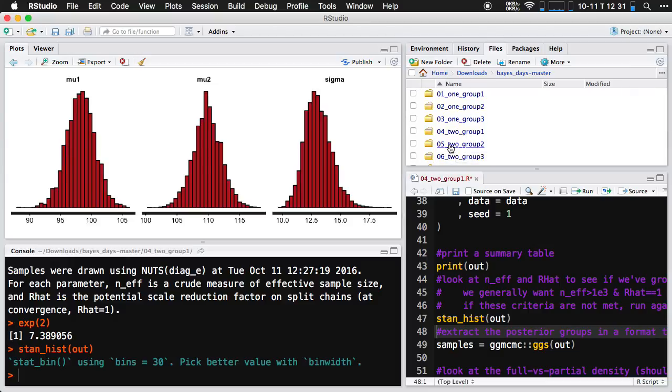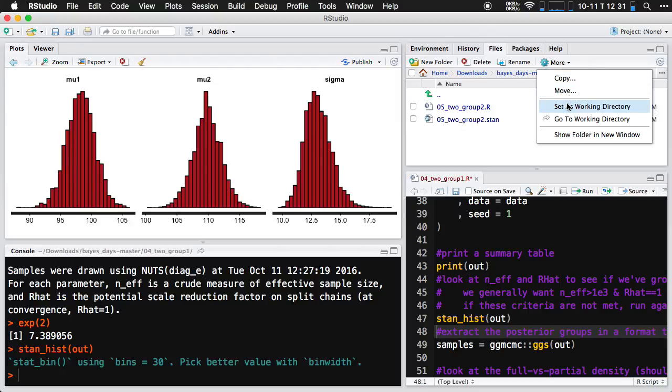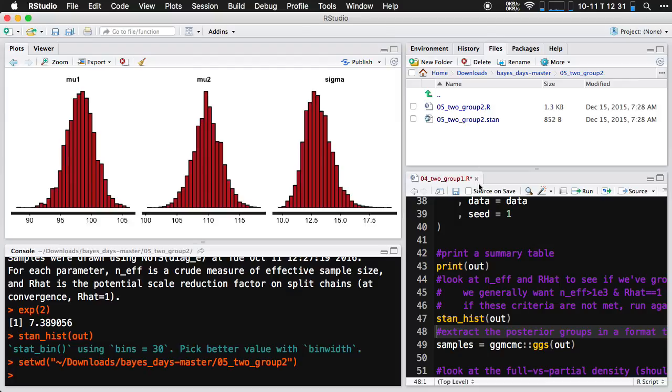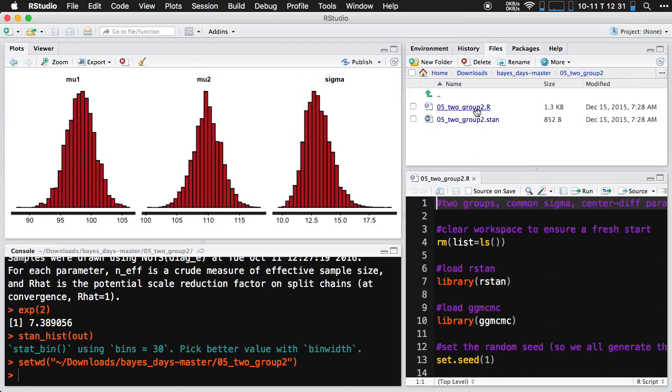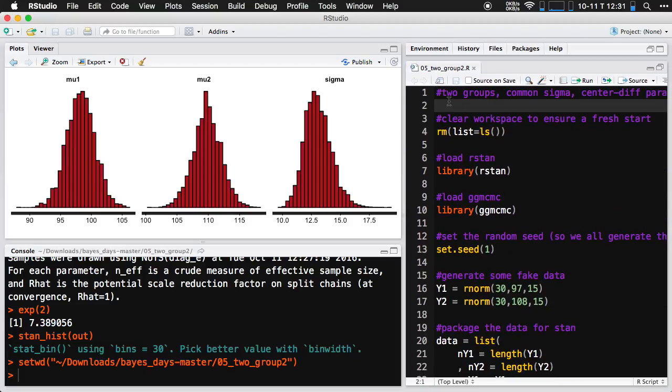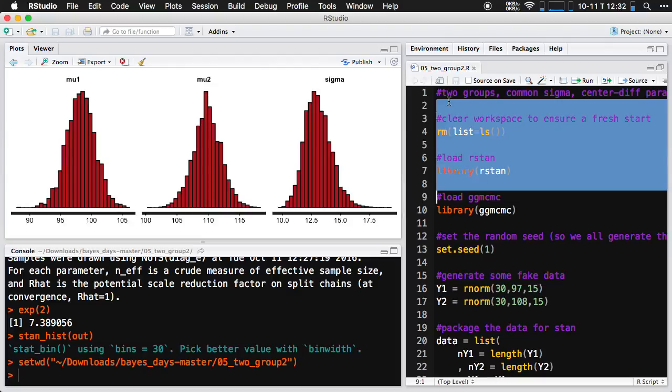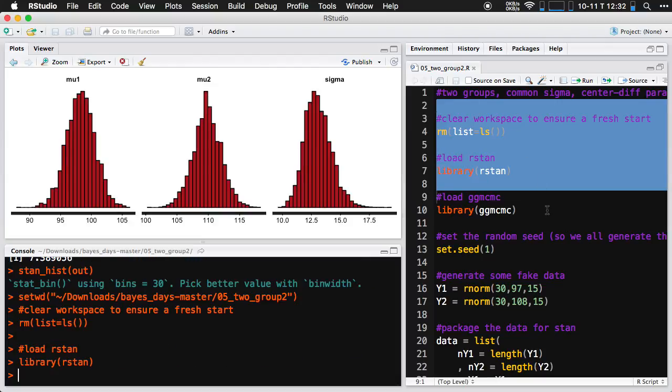So we'll go to 505 to group 2. Set the working directory here. I'll close this file. I don't need to save. And open up the R file. First little bit again just clears the working directory.